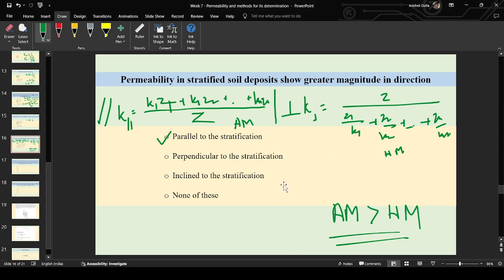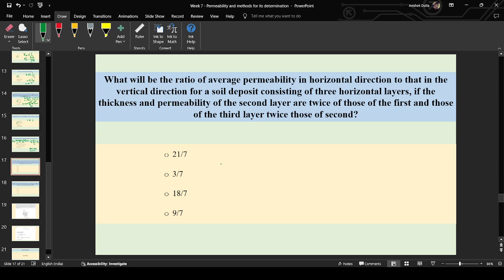Now, using a similar concept, I think you have solved the next sum. Have you solved this? What is the answer? Last one, sir, 9/7. Okay, so tell me now, there are three layers.